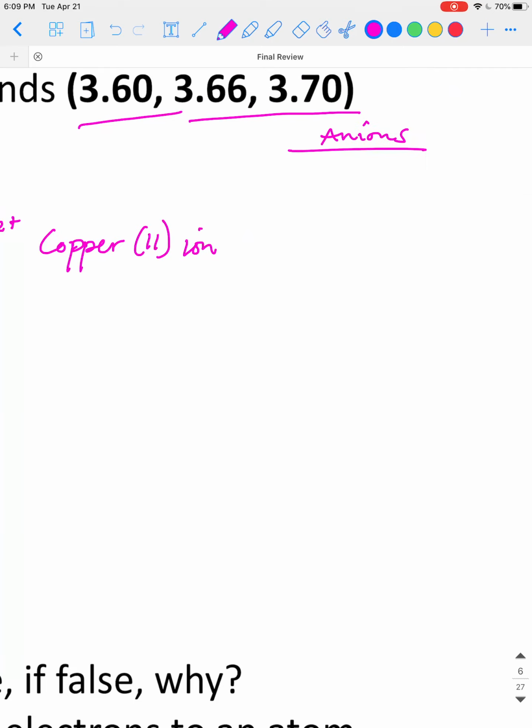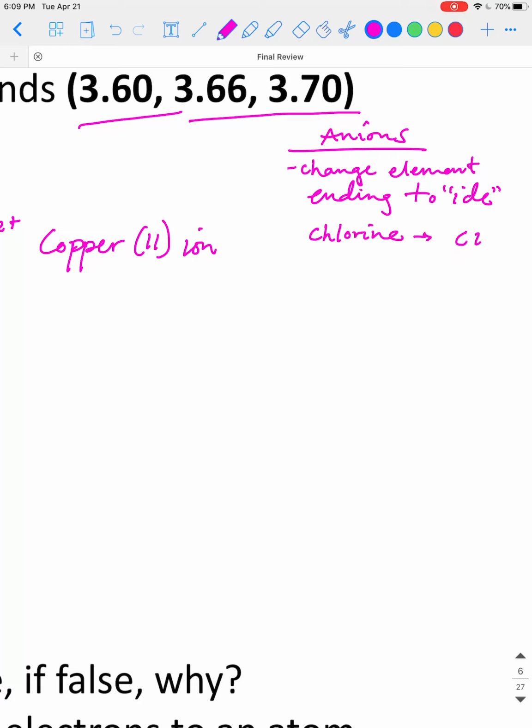For anions, I didn't leave myself a lot of room over here. For anions, the rule is that you just change the ending of the name to IDE.